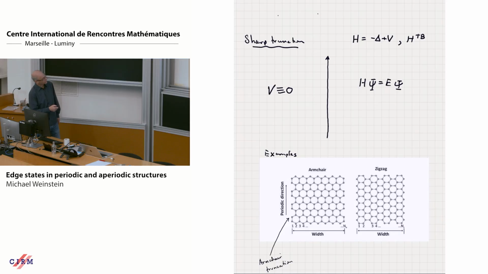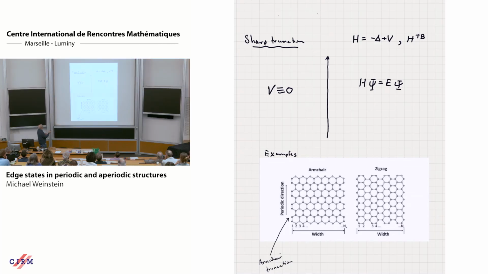Okay, so some examples. Sharp termination, we'll just think schematically like this. H is minus Laplacian plus V, and so you have some eigenvalue problem for Laplacian plus V on this side of some line defect, and V is identically 0 out here, okay? And then you have to have some kind of conditions across an interface. So the motivating examples in graphene are truncations along a so-called armchair edge or a zigzag edge.